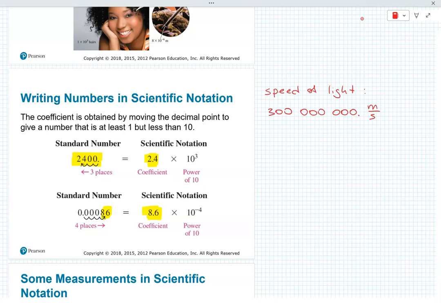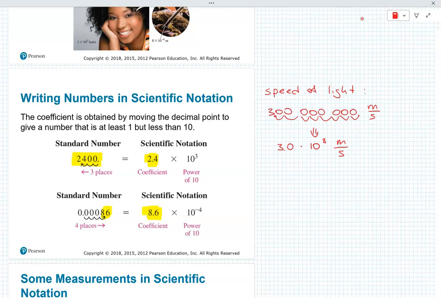We take this decimal point. 1, 2, 3, 4, 5, 6, 7, 8. Why shouldn't I do step number 9, one more to the left? Because then it would be 0, right? So 3 multiplied by 10 to the power of 8, the number of steps that I took, meters per second. Fair?